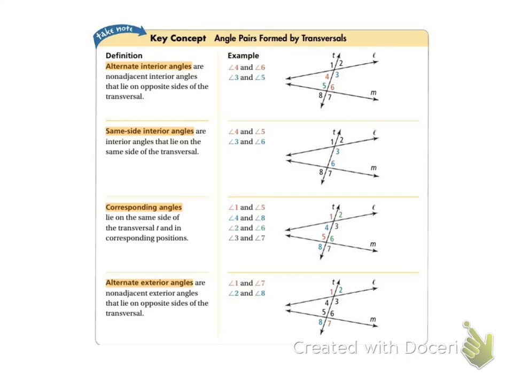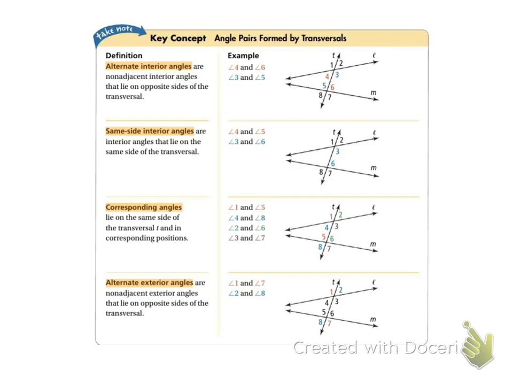So they're going to be on the same side of the transversal, and then see how this guy here, number 2, is on top of the line, then 6 is on top of the other line, so they go together. And 3 is underneath that line, and 7 is also underneath that line, so they go together. They have them matching up in colors there.